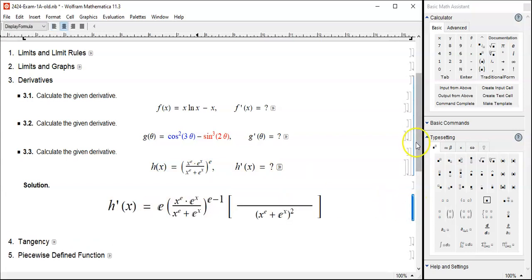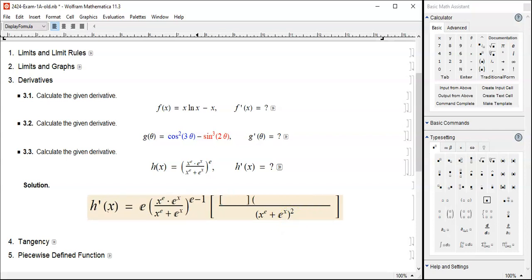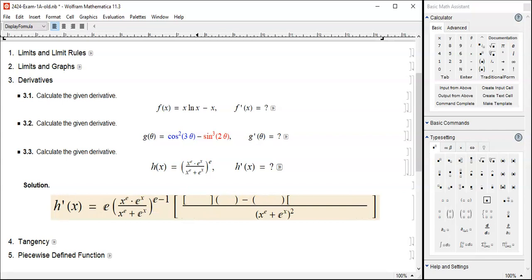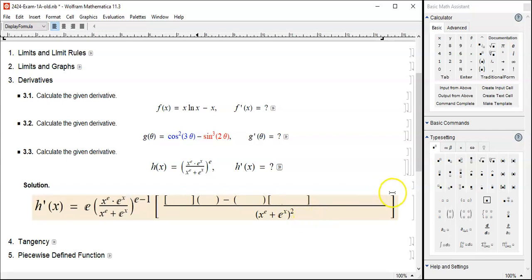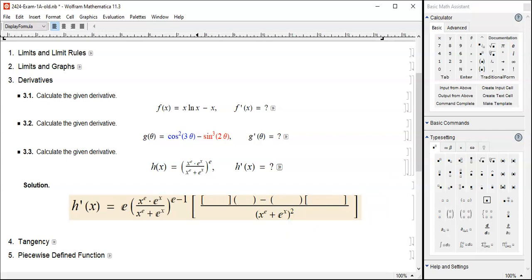Maybe even bigger font. Okay. And then in the numerator, we need the typical quotient rule structure. U prime v minus u v prime. Kind of like this. That's the structure of the quotient rule.